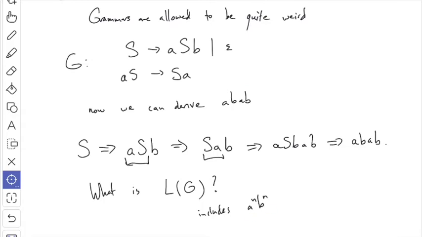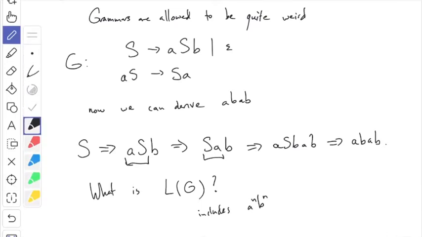Anybody feel like you can describe? Maybe not. Can I just say plus more? I'm tempted to say maybe you can get any string which just has the same number of A's and B's, but you can shuffle them around however you like, although that is also not true.